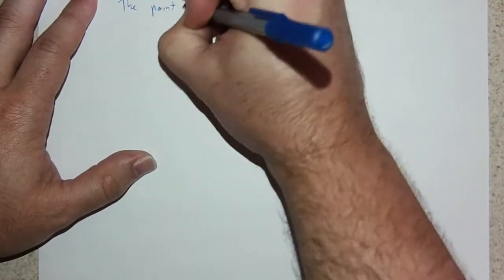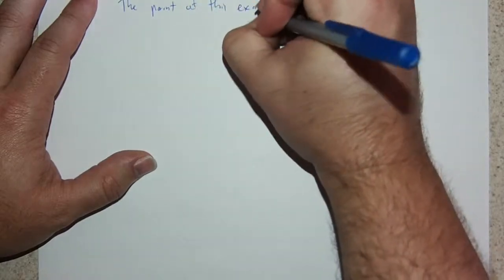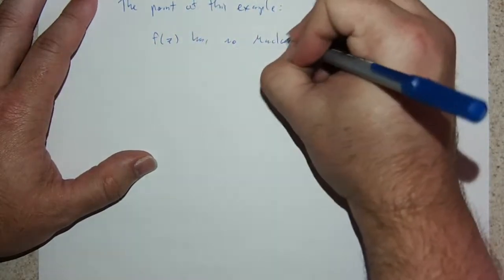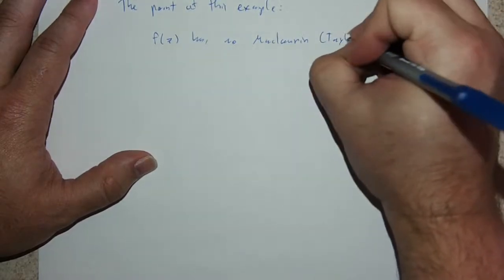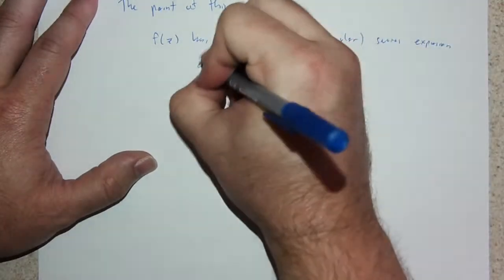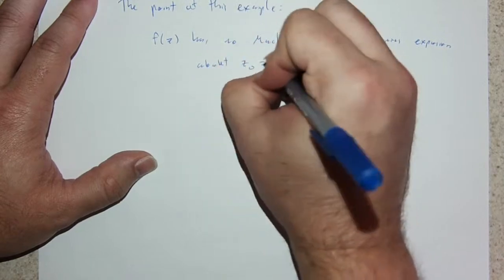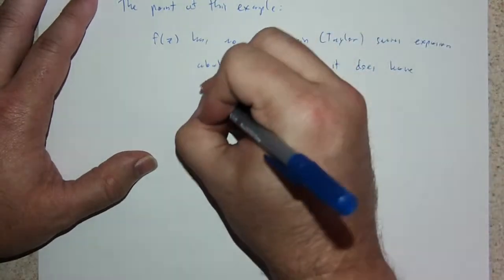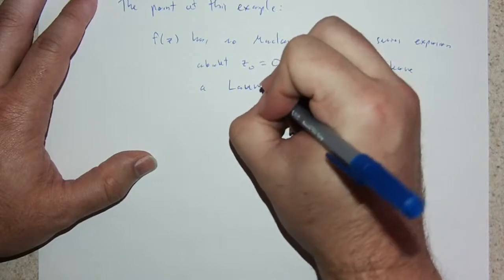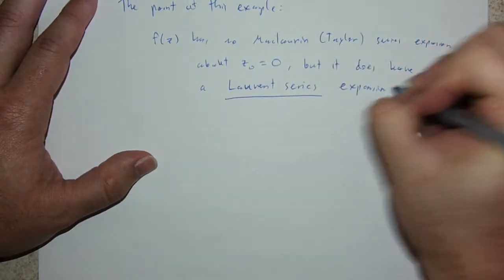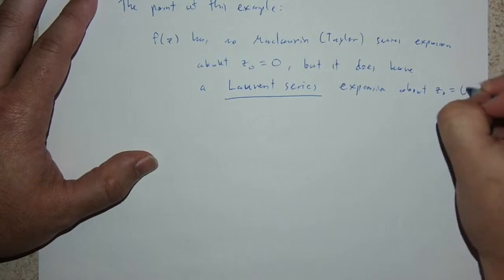The point of this example: f of z has no Maclaurin, which is just a type of Taylor series expansion, about z naught equals 0, but it does have a Laurent series expansion about z naught equals 0.